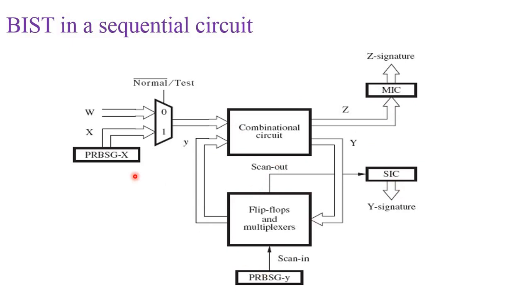In this way we can test sequential circuits also. This is called built-in self-test. How can the circuit test itself? By using a pseudo random test generator. So this is called built-in self-test in the sequential circuit.